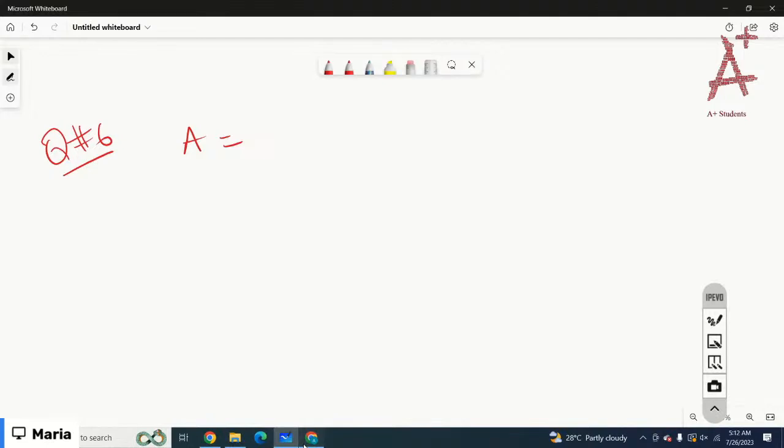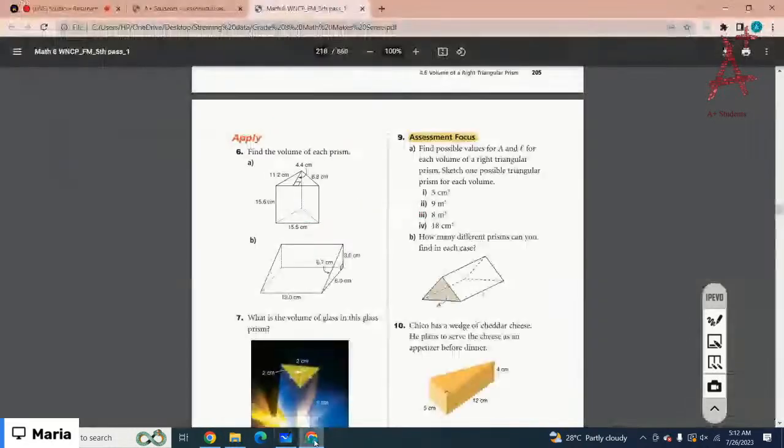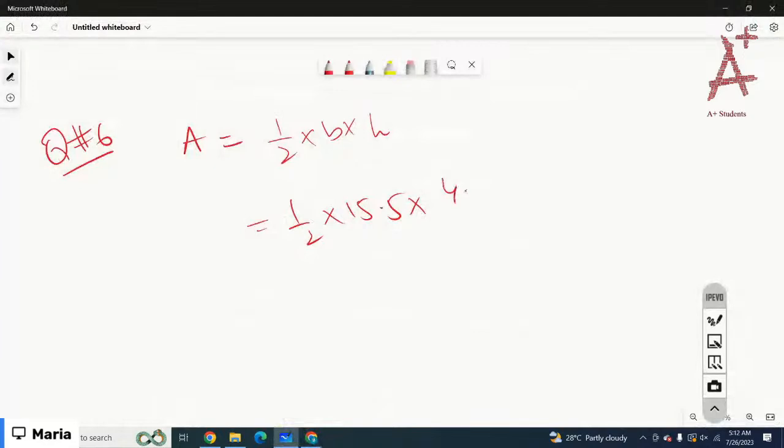That would be half times base times height. Base is 15.5 and height is 4.4. So it would be 15.5 times 4.4, 68.2, and divided by 2 is 34.1.